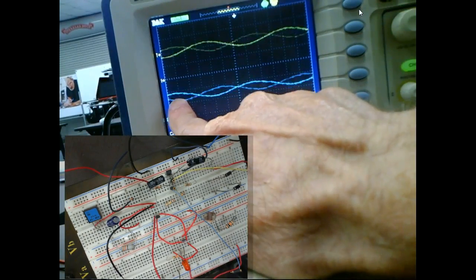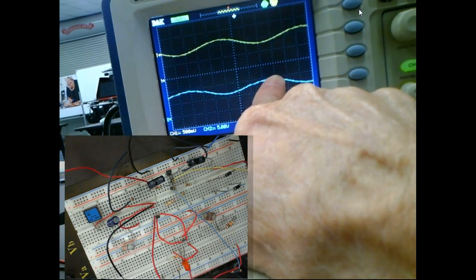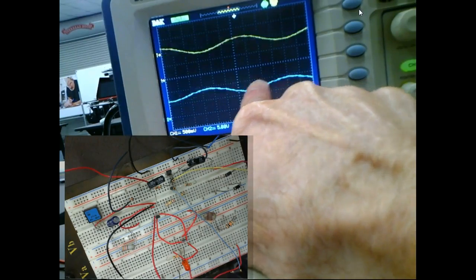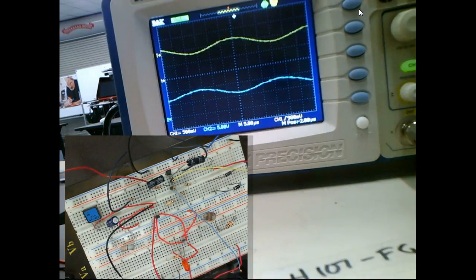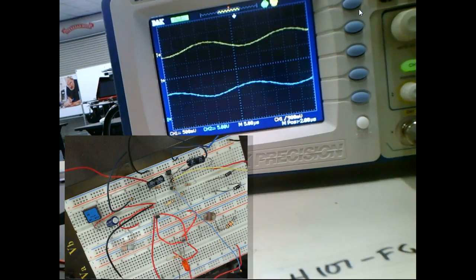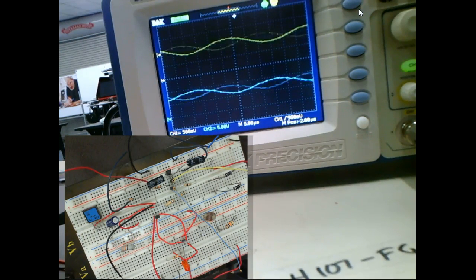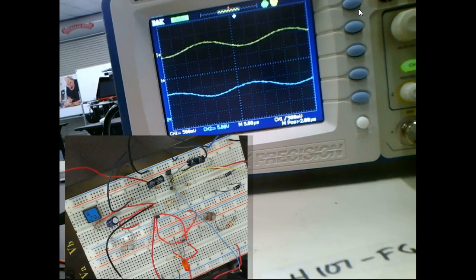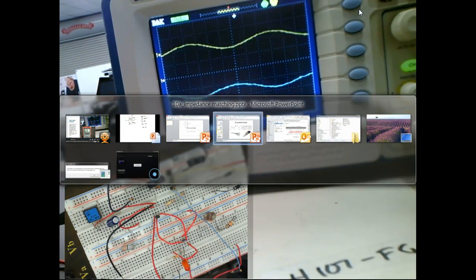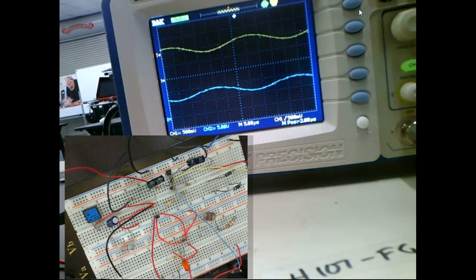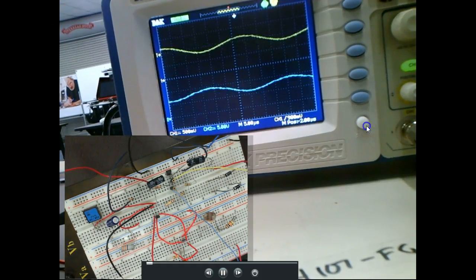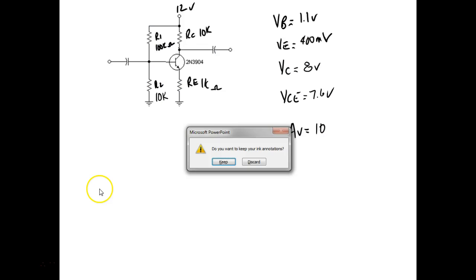Here's my output. This is on the collector. And what this is doing is this is allowing the collector to change, right? You understand? So we're changing the DC voltage, but we're changing it at an AC rate, right? You understand that? So what happens is that this allows us to bring an AC signal over here on this side.